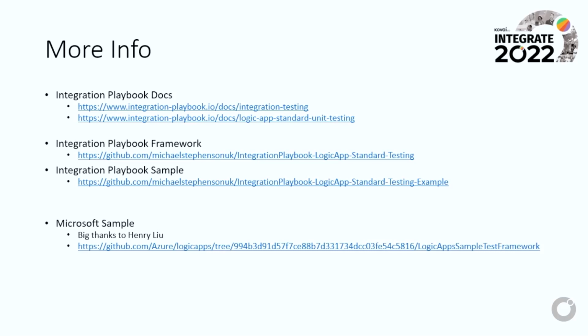Henry's examples have where he's mocking an API connector, so you should be able to do that as well. I haven't managed to have time to do that for a demo for today, but I think you should be able to do it because you're just changing what the Logic app files are using as the URL, so you should be able to mock them out, and hopefully I'll get a chance to do that. It'd be quite cool to mock out things like your Dropbox connectors and your SharePoint connectors and stuff.